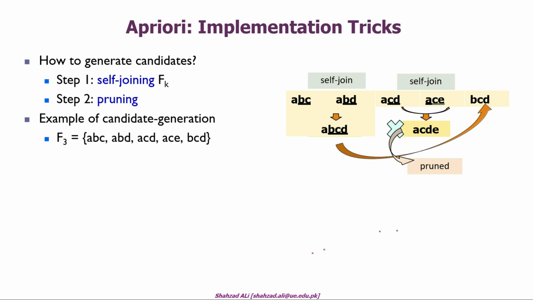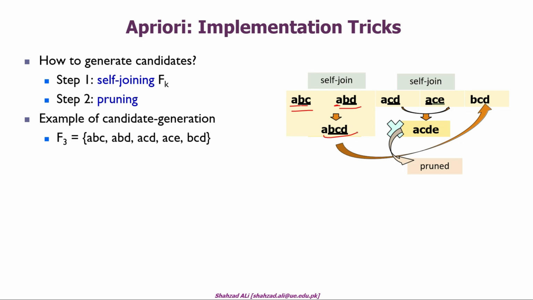The first two items are the same, A and B, so we can self join and generate the candidate set A, B, C, D. So this is the concept of self join. It means if an item occurs in two different item sets, we only write it one time.